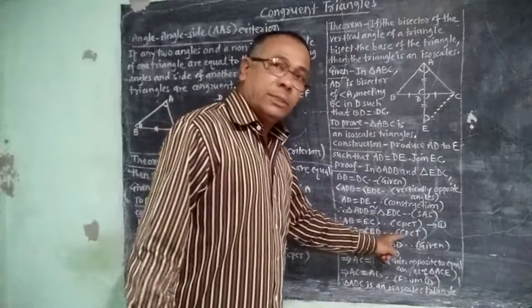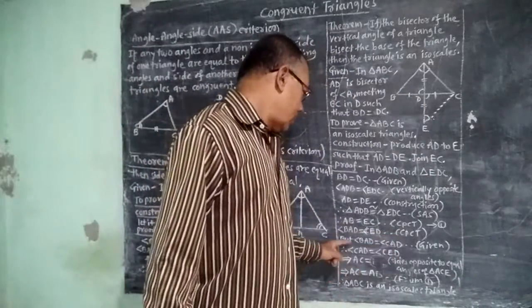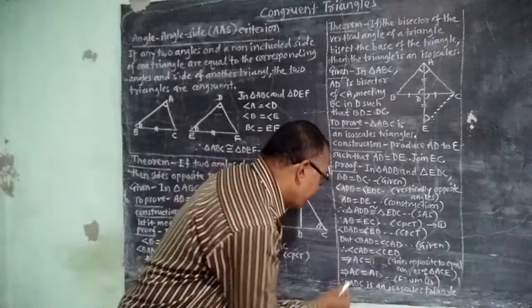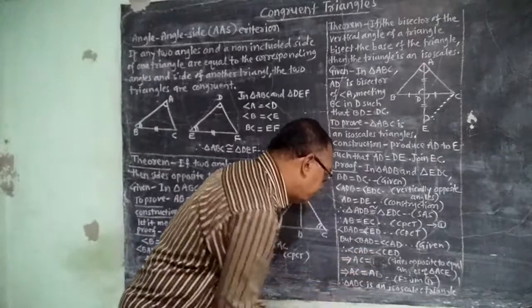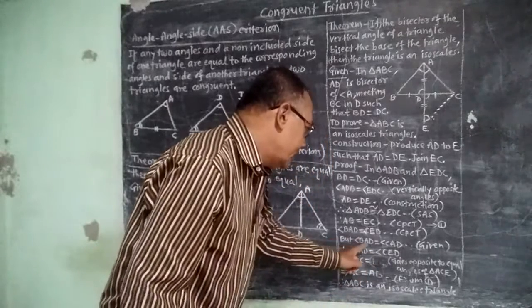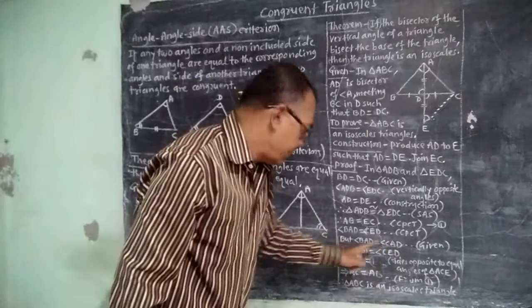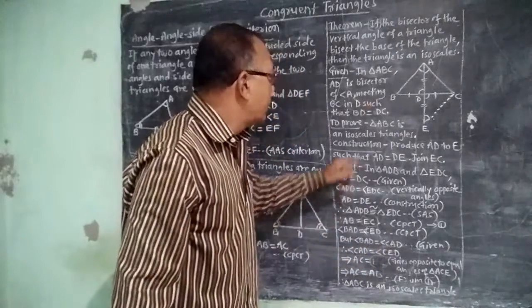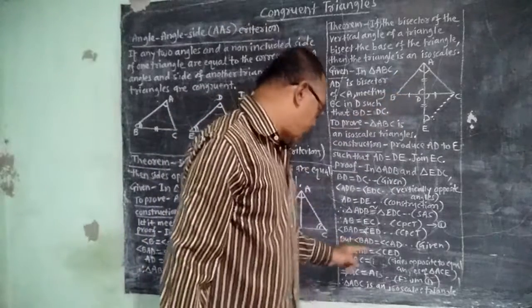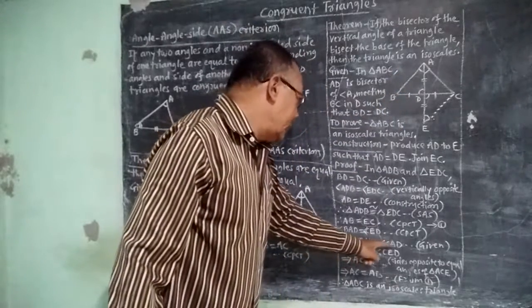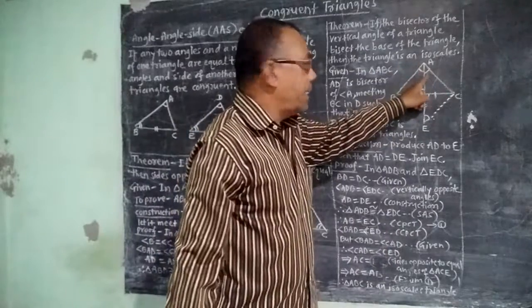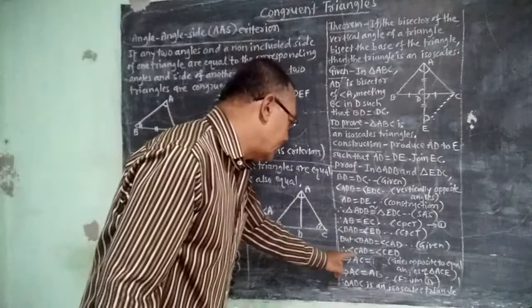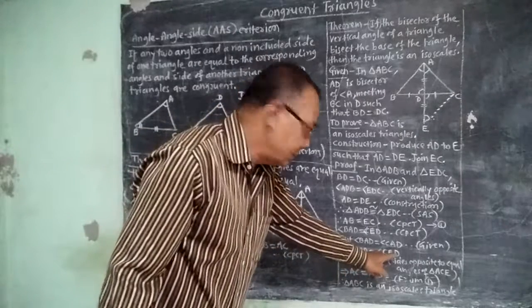Here again I have given CPCT. But angle BAD is equal to angle CAD, and that is given. So here we can write angle CAD is equal to angle CED.